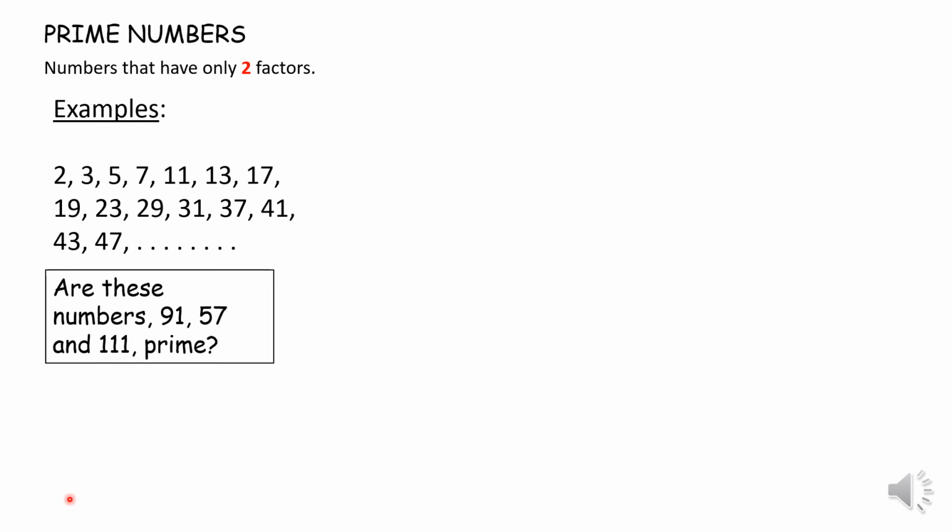If you have listened to what I have said about checking for 3, then you will realize that this one here will not work if you are adding the digits, because you're not going to get a multiple of 3. So I'm going to come back to this one. But if I check 57, if I add the 5 and the 7, I get 12.